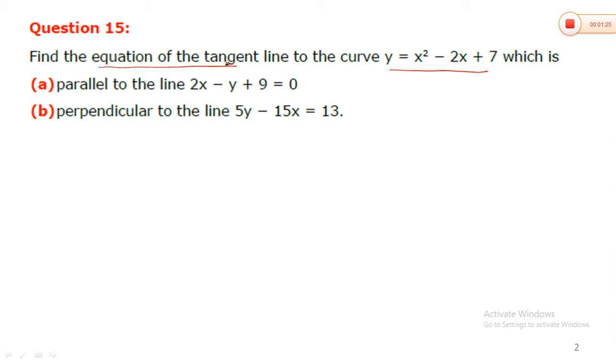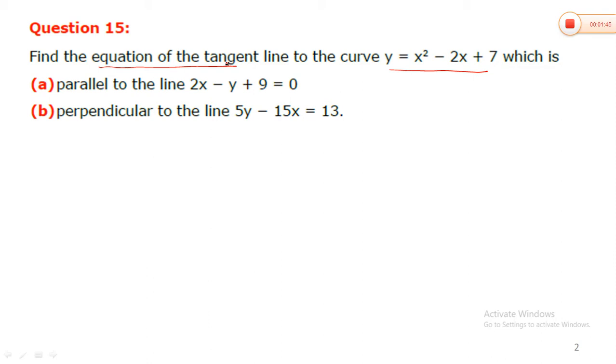Since in the first problem, the tangent is parallel to the line 2x minus y plus 9 equal to 0, we know that the slopes of parallel lines are always equal. So, using this condition, first find the slope of the line, then equate it to dy by dx.